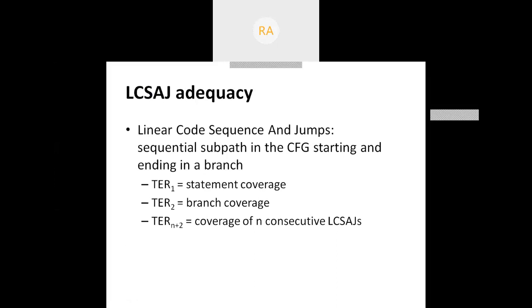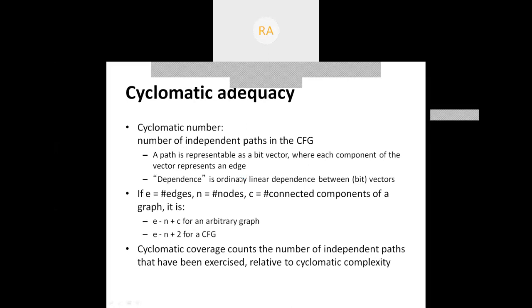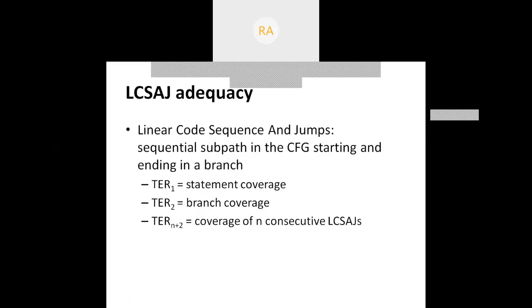If you have a branch, in order to carry out this LCSAJ, you are going to consider the subpath associated with the starting and end point of a particular branch. With this, you will carry out the statement coverage indirectly as well as branch coverage.